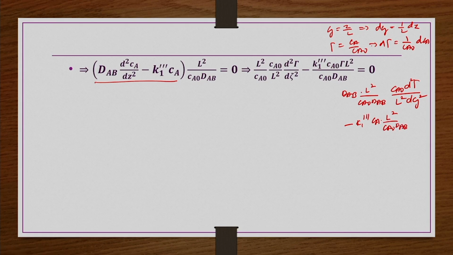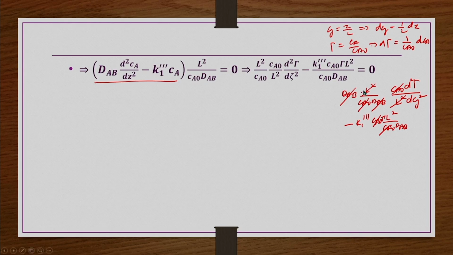So, then what we have? In place of Ca we can write Ca naught multiplied by capital gamma. So, this Ca naught is cancelled out. Gamma L square by dAB is here. Now, here this dAB is cancelled out, this Ca naught cancelled out, L square cancelled out.